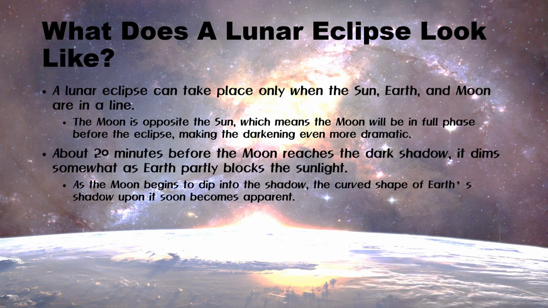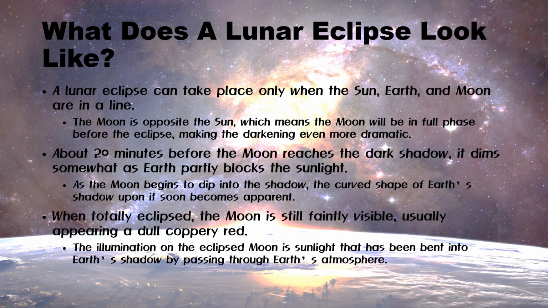About 20 minutes before the moon reaches the dark shadow of the Earth, it's going to dim somewhat as the Earth partly blocks the sunlight, because remember, there is the penumbra region. As the moon slowly begins to dip into the shadow, the curved shape of Earth's shadow upon it will soon become apparent. During a total eclipse, the moon is actually still faintly visible. It doesn't disappear the way the sun does.